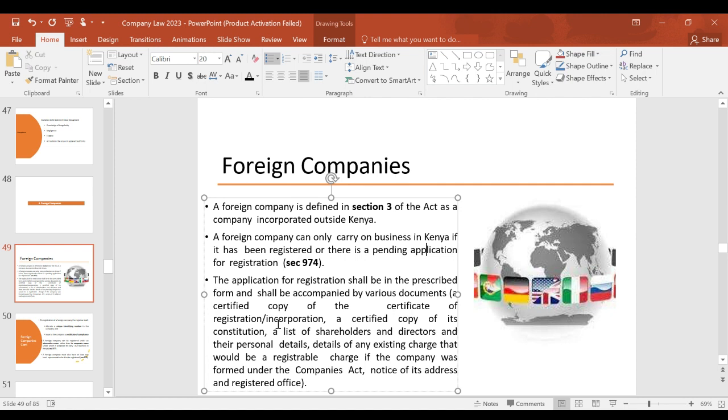There's also a requirement under the Companies Act that if the company has a registrable charge, it must disclose that to the registrar of companies in Kenya.